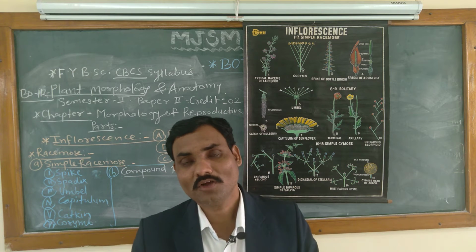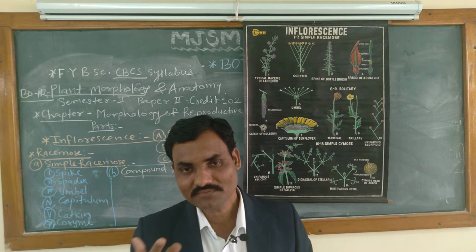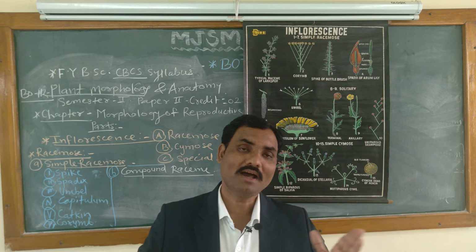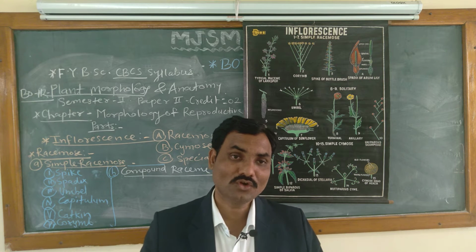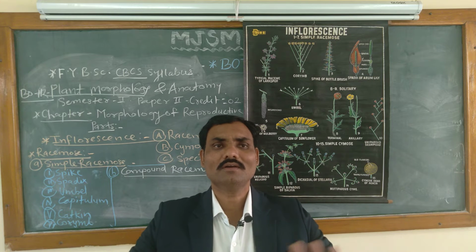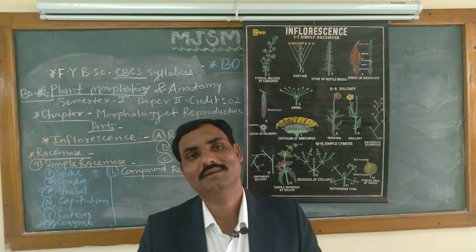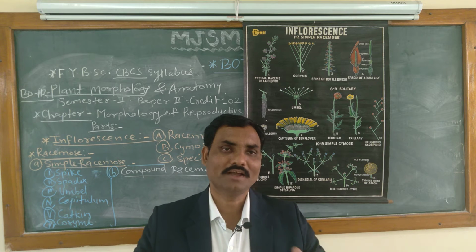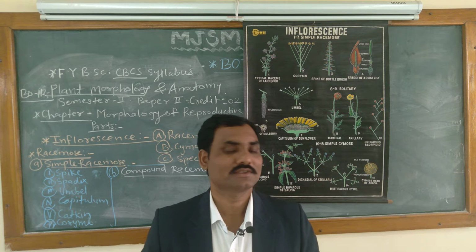In that we have completed flower, the definition of the flower, parts of the flower, different floral whorls, position of the ovary. In this way we have covered most of the syllabus, most of the points, from this topic.